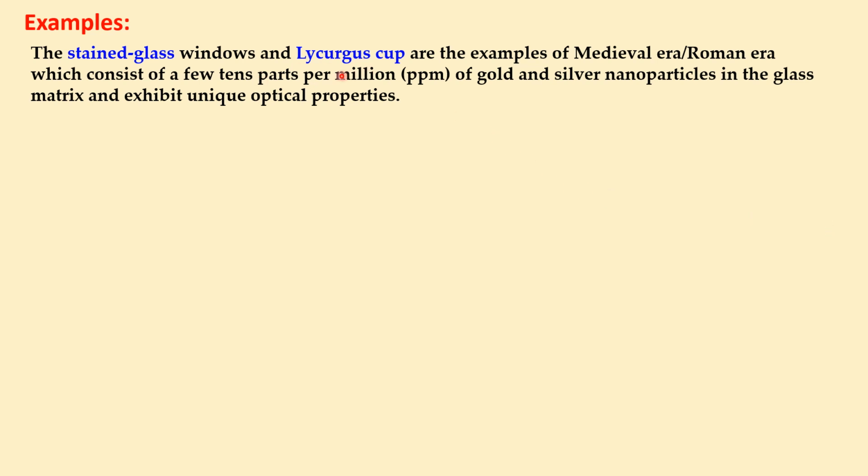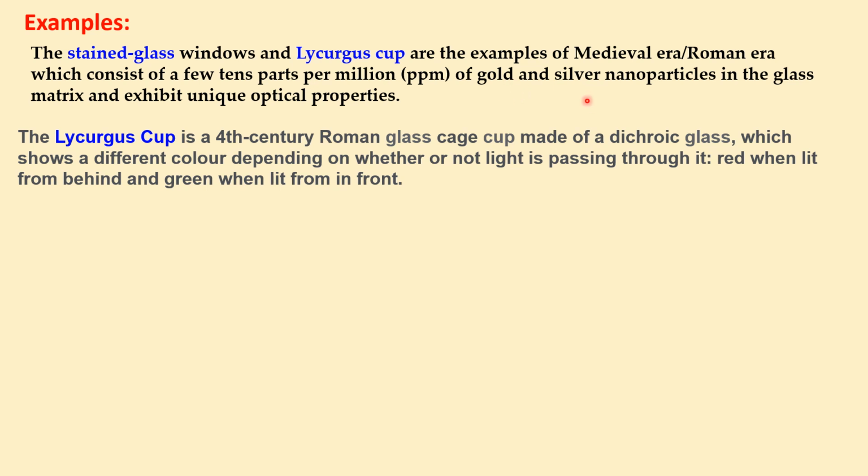One example of this is the Lycurgus cup from the Roman era, in which silver or gold nanoparticles were mixed in the glass matrix to make colors and to give good optical properties.